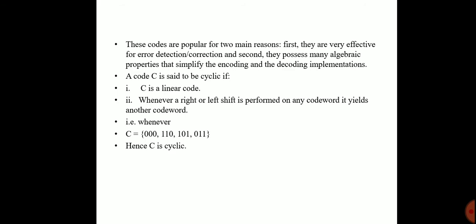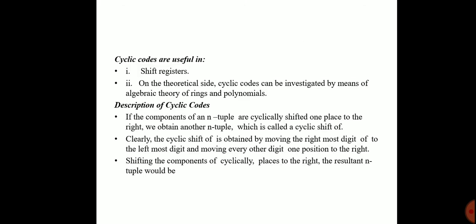A code C is said to be cyclic if, number 1, C is a linear code, and number 2, whenever a right or left shift is performed on any code word, it gives another code word. For example, when C is equal to the binary values 0 0 0 1 1 0 1 0 1 0 1 1, hence C is cyclic. Now, cyclic codes are useful, number 1, in shift registers. Number 2, on the theoretical side, cyclic codes can be investigated by means of the algebraic theory of rings and polynomials.